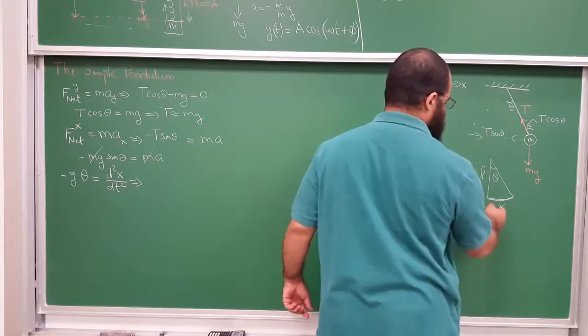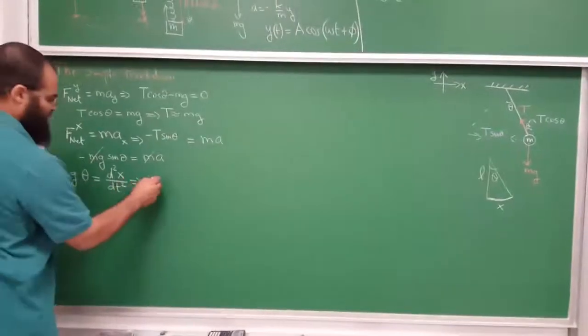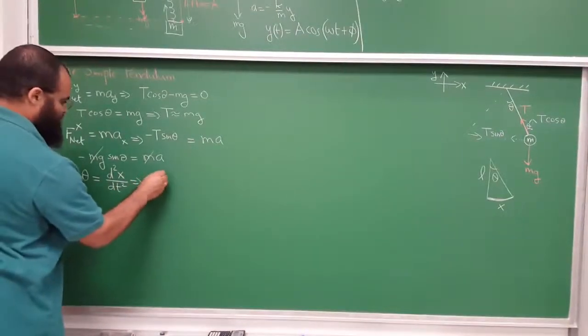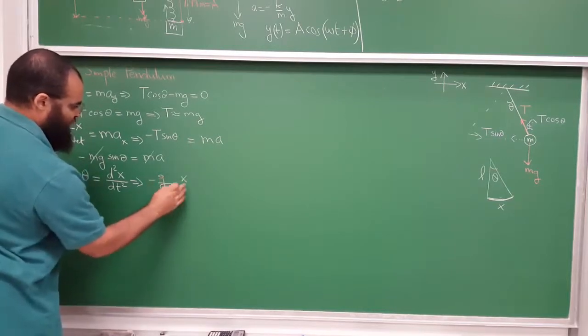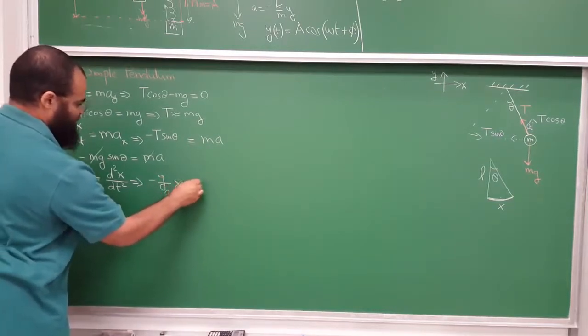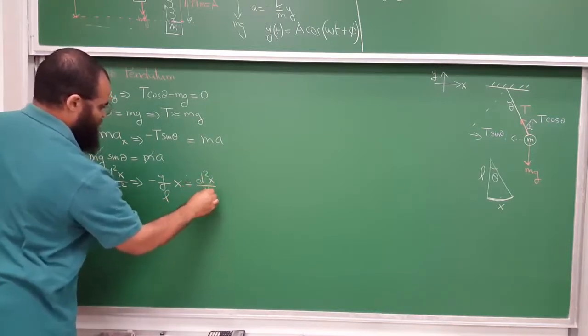So theta will be X divided by L. So instead of theta, I'm going to write X over L. So I have negative G times X divided by L equals the second derivative of the position with respect to time.